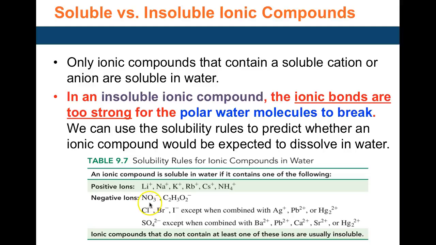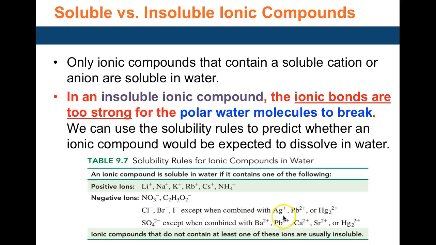On the other hand, if you have negative ions like nitrate or acetate attached to any kind of metal, then they're always going to be soluble, no exceptions. Chlorides, bromides, and iodides mostly are soluble except when attached to heavy metals like silver or lead or mercury.